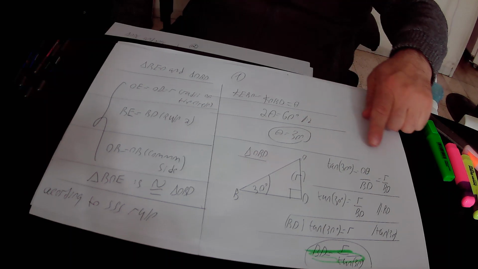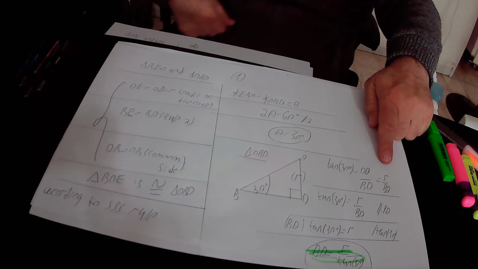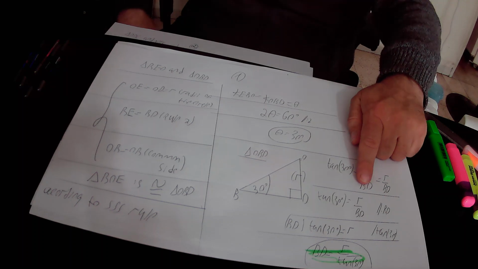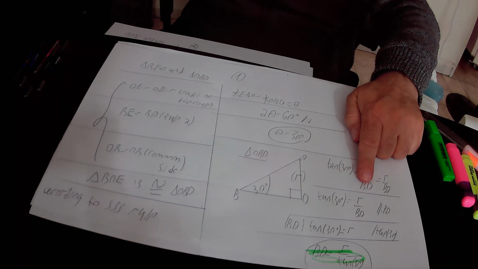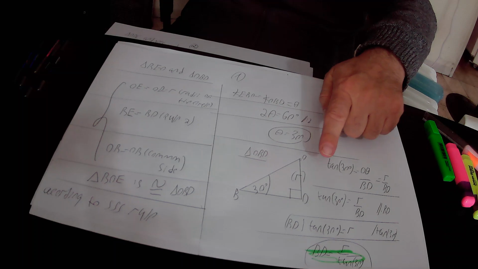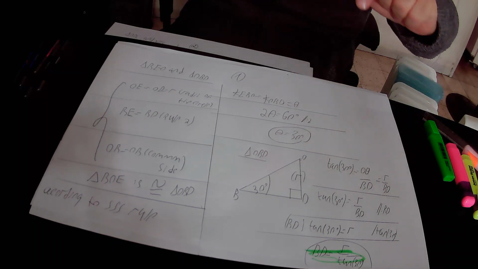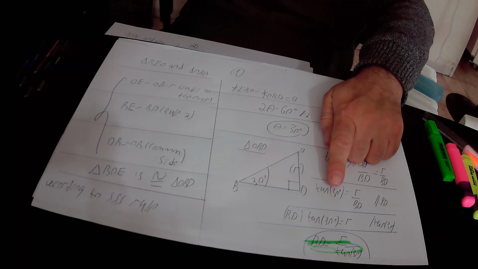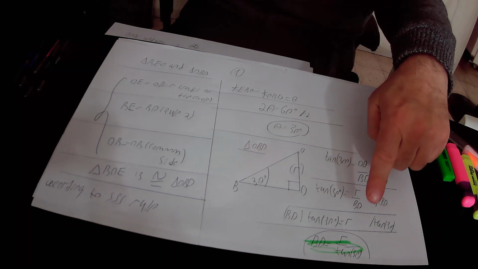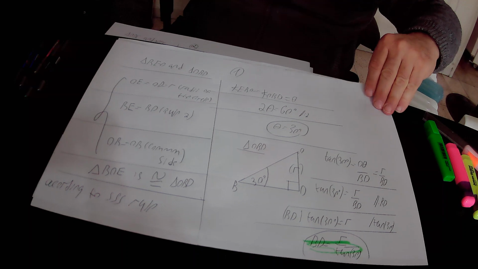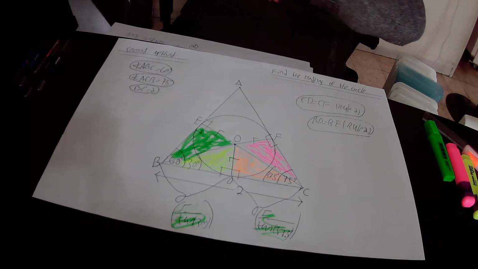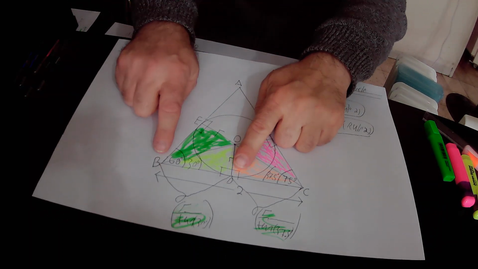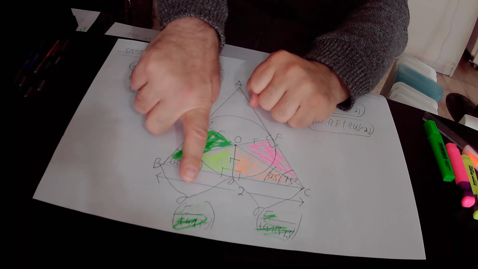OD is R, so tan 30 degrees equals R over BD. Here we multiply this equation by BD and find that BD times tan 30 degrees equals R. Then we divide by tan 30 degrees and find that BD equals R over tan 30 degrees. So line segment BD equals R over tan 30 degrees.